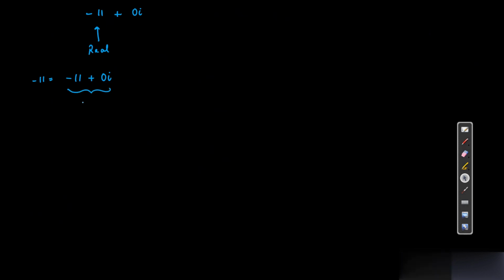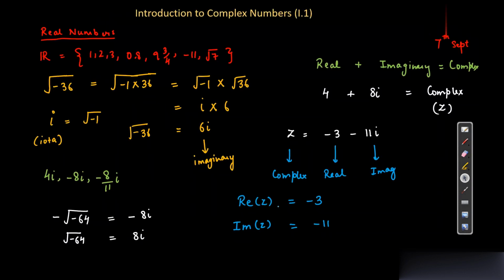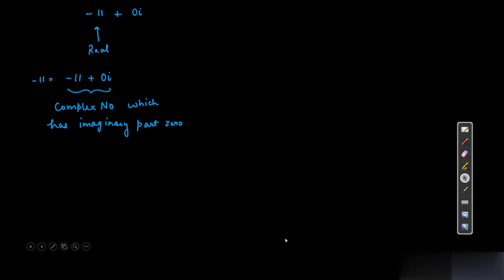So this now becomes a complex number, which has imaginary part 0. When you write the imaginary part, do you just write the coefficient or do you also write the i? No, just the coefficient of i. That's the imaginary part. Okay.